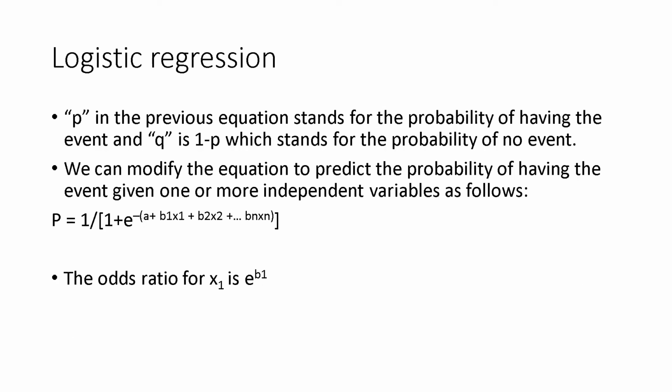To predict the probability of having the event given one or more independent variables, we can modify the equation as follows. P, which is the probability of having an event, equals 1 in the numerator divided by the denominator, which is 1 plus exponential minus alpha plus b1x1 plus b2x2 and so on.